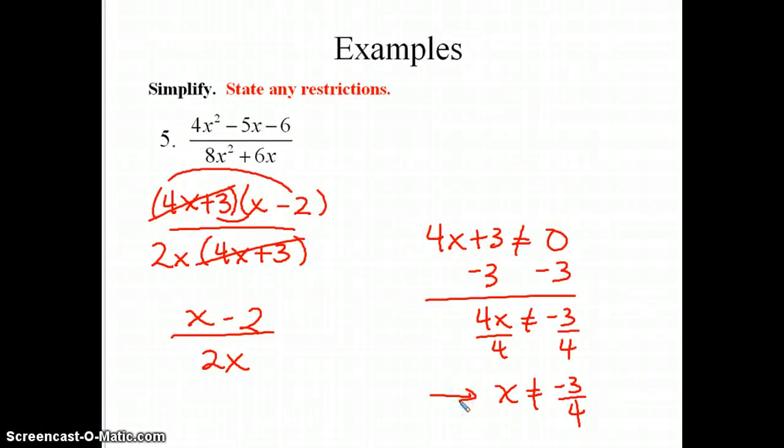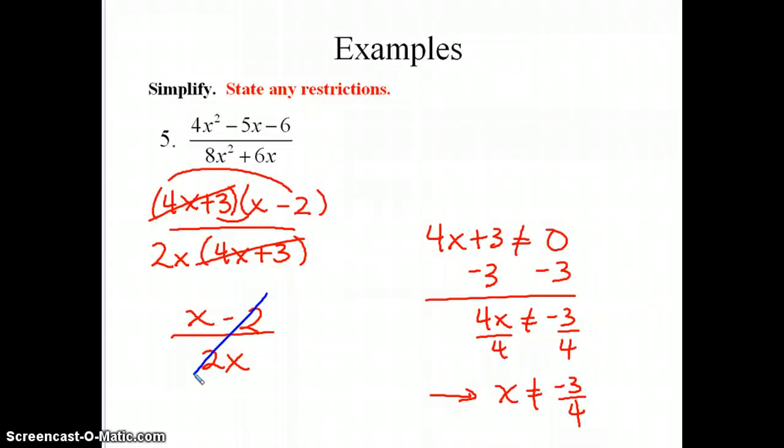I do want to comment at this point. Sometimes students will note that we have a 2 in both the numerator and the denominator, and they will attempt to cancel those 2's. And then they will attempt to cancel the x's. That cannot happen because x minus 2 is a group.